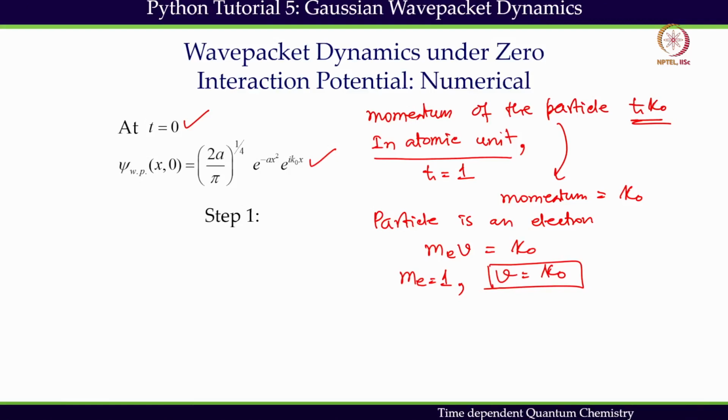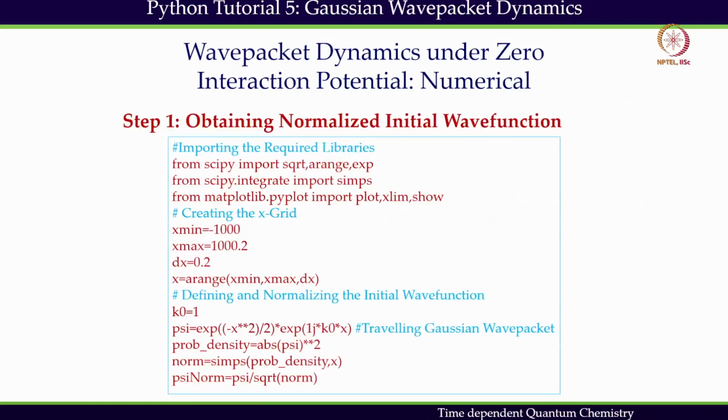So, in this numerical procedure, you can see that this k naught we have considered to be 1.